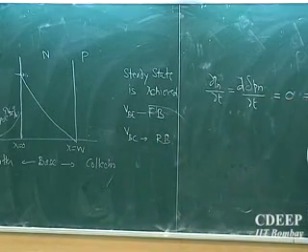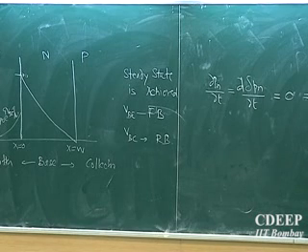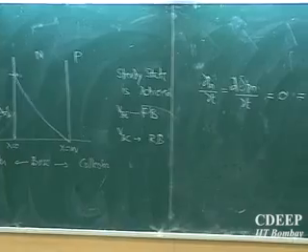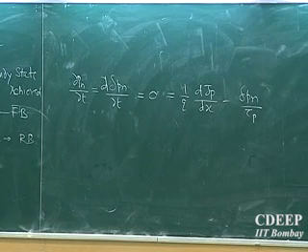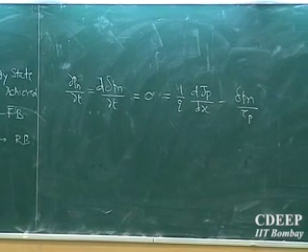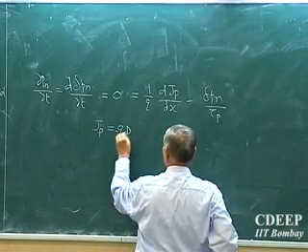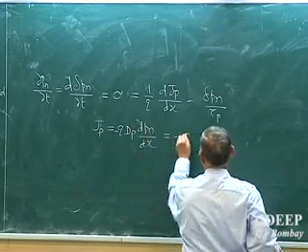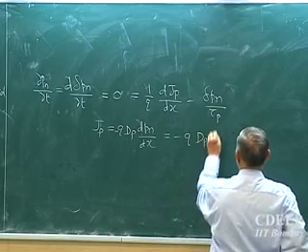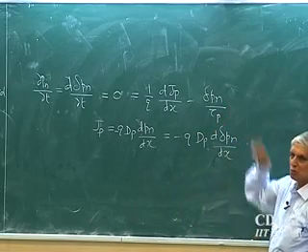Then I write 1 upon q dJp by dx minus delta Pn by tau p. This is the continuity equation in which the time dependent term is 0. Now Jp is minus q D_p dPn by dx, which can also be written as q D_p d of delta Pn by dx, and I substitute there.